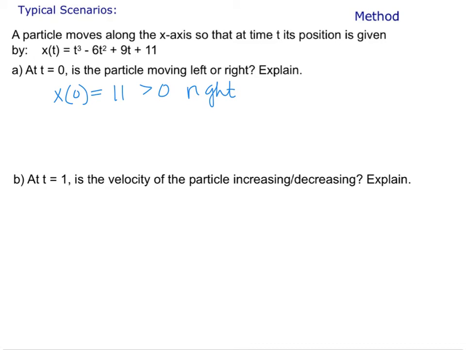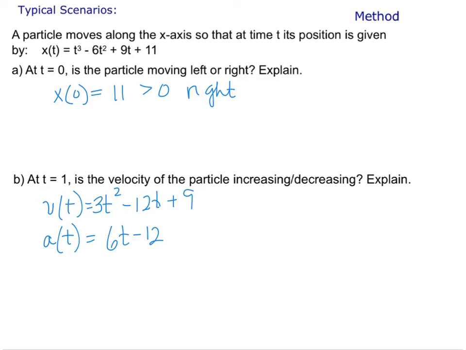All right, and then at t equals 1, is the velocity of the particle increasing or decreasing? Explain. So first of all, we need to find the velocity. We find the derivative, which is 3t squared minus 12t plus 9. And we also want to find the acceleration, which is 6t minus 12.